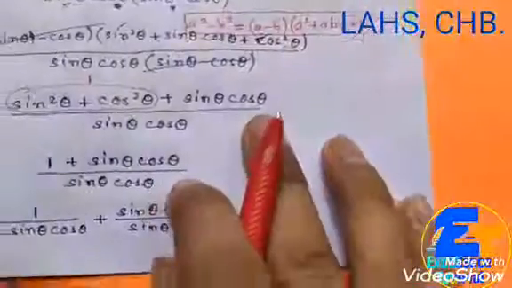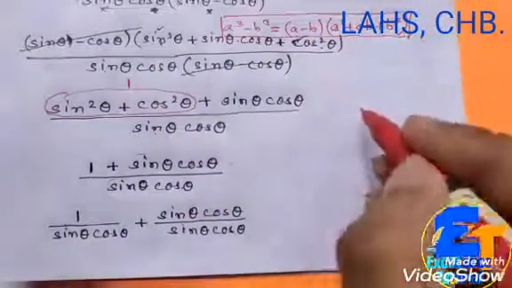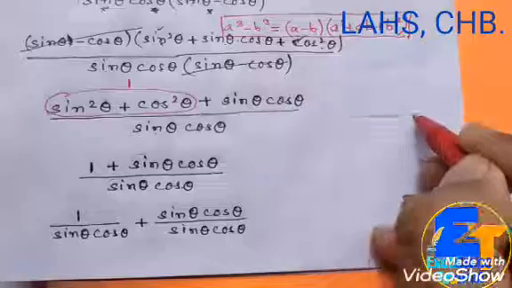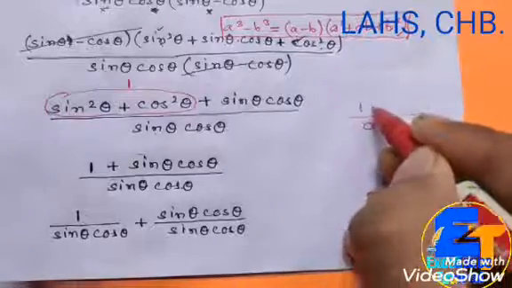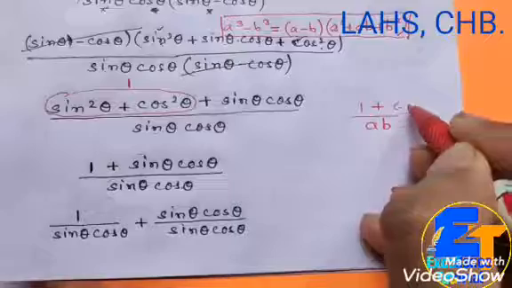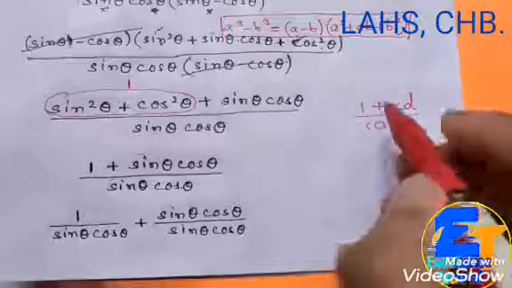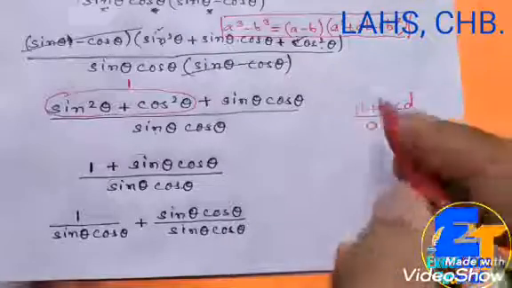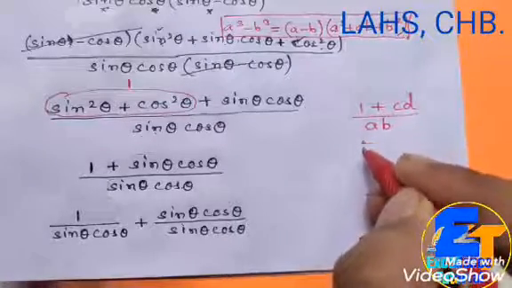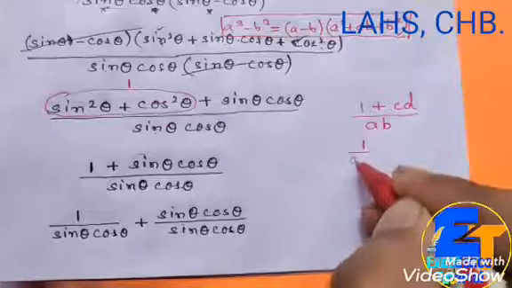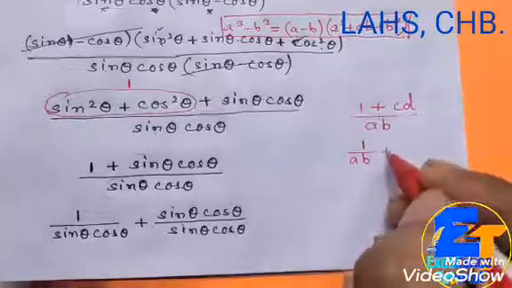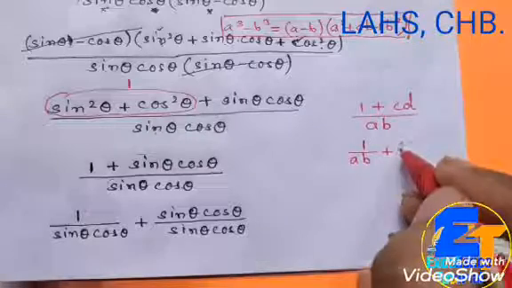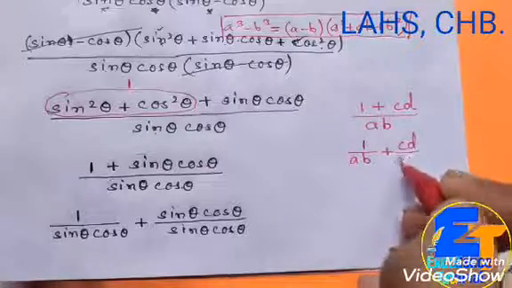See, in this way, suppose a by b, this is the LCM, 1 plus suppose something CD. So we can split this whole term in two parts. See, 1 by AB, plus sign is here, then this term by this, CD by AB.